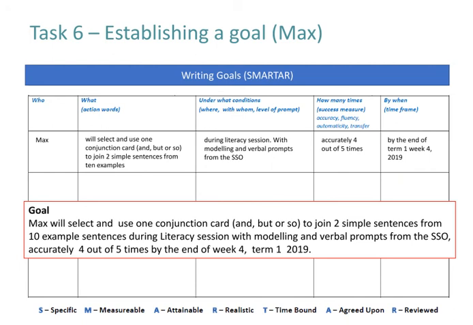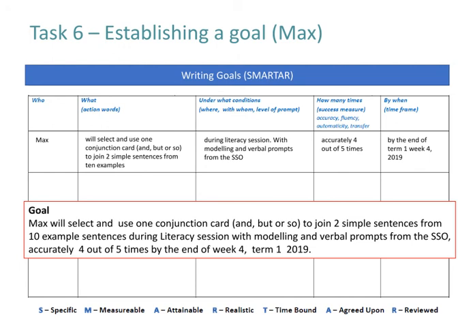That is, whether it will be independent or with adult support, and where will it happen. Setting a success measure is an important step of goal writing. Whether you will measure the action's accuracy, fluency, or transfer.